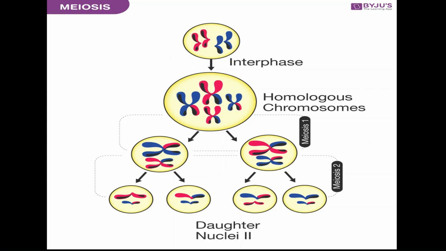They will develop into gametes: in males, sperm cells, and in females, an ovum. In meiosis, you start with more chromosomes and you end with half the number. On your screen, before meiosis one, we started with four chromosomes. At the end of meiosis, we only have two chromosomes.